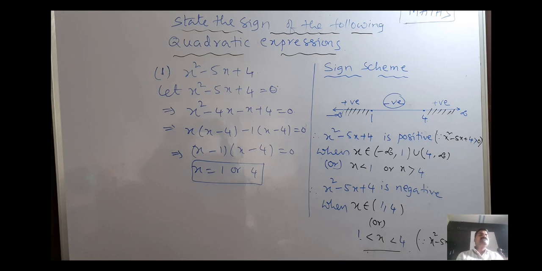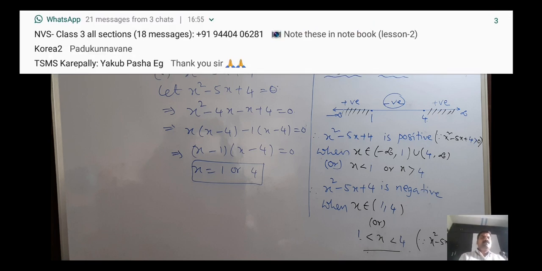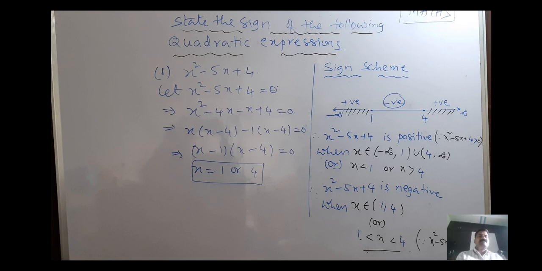Now clearly you see, the expression x square minus 5x plus 4 is positive in the first part as well as the third part. The first part is from minus infinity to 1. That's what I can write as: it is positive when x belongs to the open interval (minus infinity, 1) union (4, infinity).